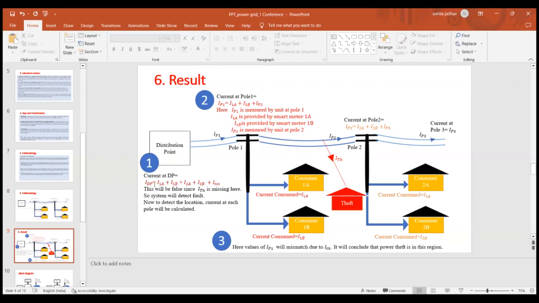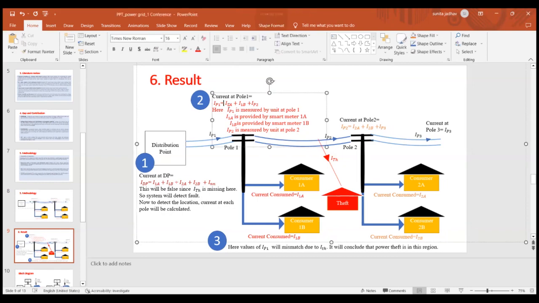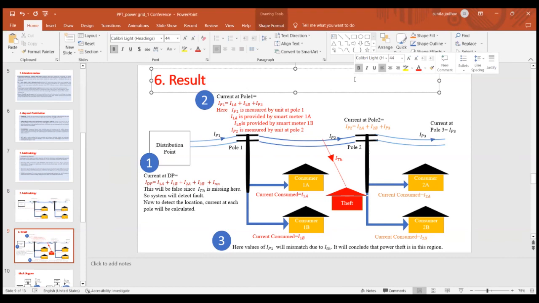So this equation becomes false, and this is detected from the central unit, showing exactly where the theft is. At pole 1 or at the consumer end, there is also a disconnection unit. So from the central unit, we can disconnect the supply to this pole 1 or to the consumer end.